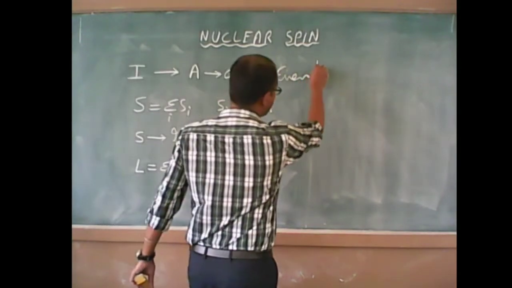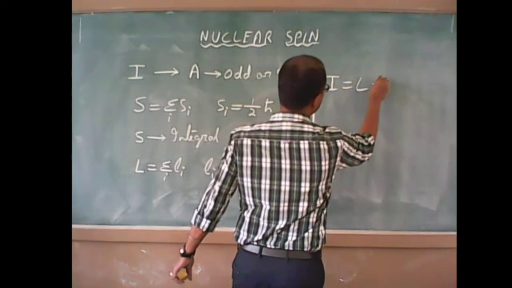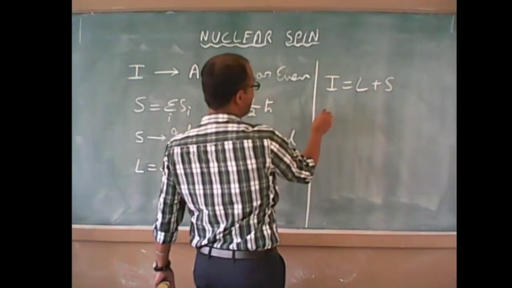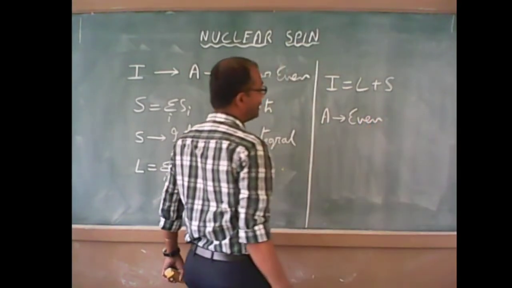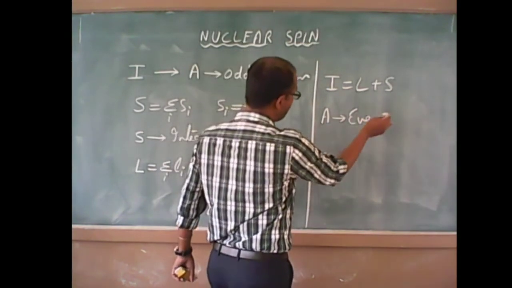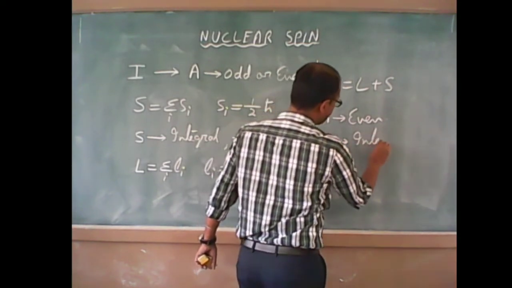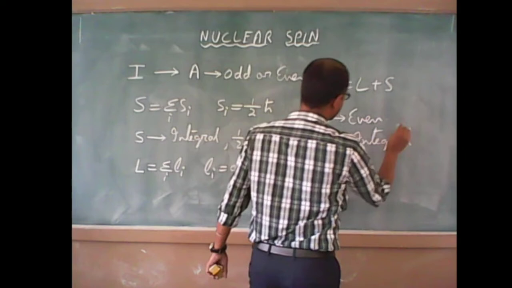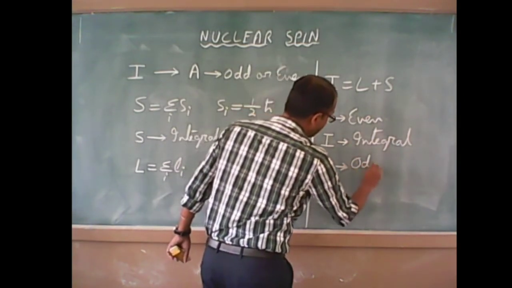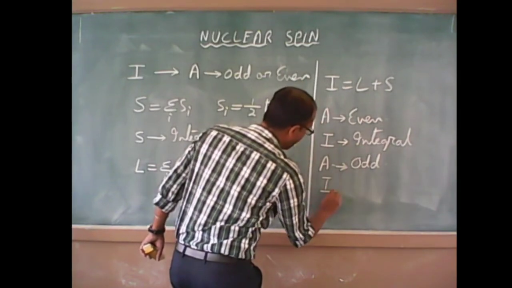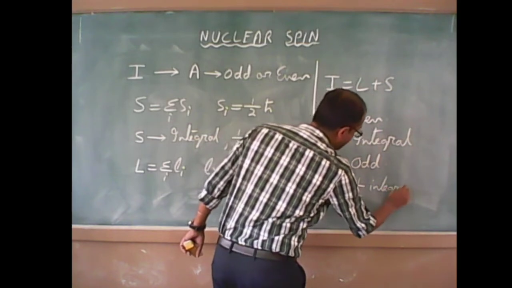Therefore, when we consider the total angular momentum of the nucleus, I equals L plus S. If A is even, then the value of I will be integral. And if A is odd, what we observe is that I has half integral values.